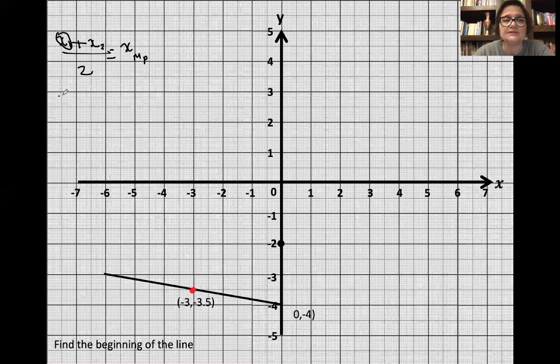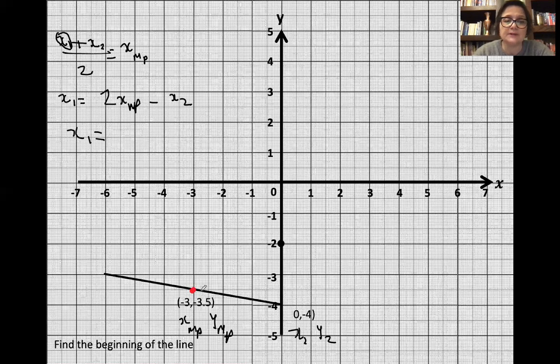We can do this straight away. It's similar to the one with the x2. So x1 is going to be 2x midpoint minus x2. So this is the x of the midpoint and the y of the midpoint, and this is x2 and y2.